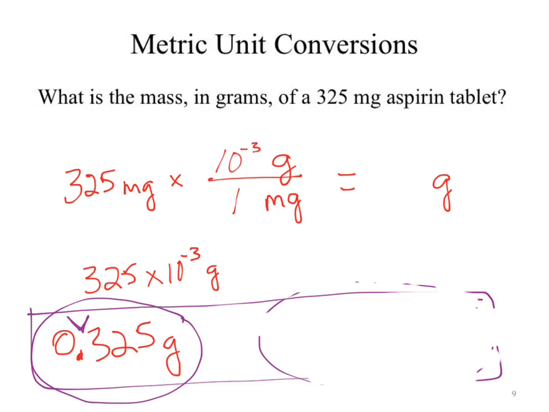Okay? Other numbers that I could put in there? 0.33. What happened in this case? You did the conversion wrong. Right? Instead of doing 10 to the minus 3 grams is 1 milligram, you said 1,000 grams is 1 milligram.